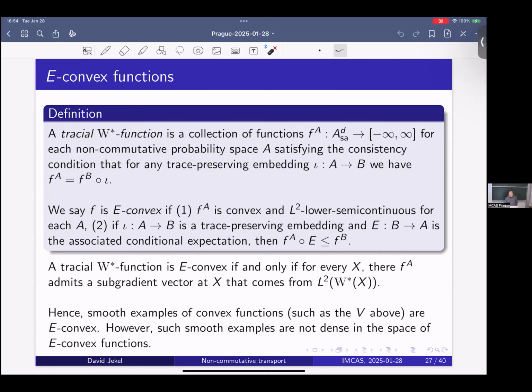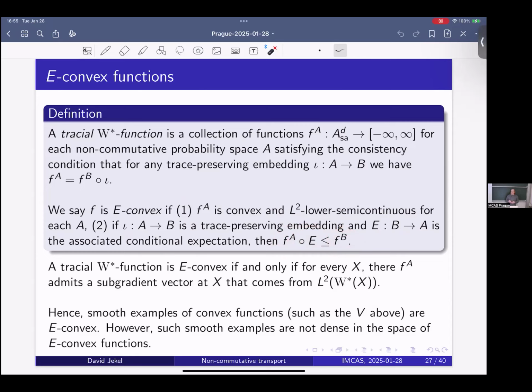And then we have this E-convexity condition. In addition to wanting each function itself to be convex and lower semi-continuous, you want the corresponding inequality: if you have an embedding, and you take the conditional expectation that goes in the reverse direction, there's a unique trace-preserving conditional expectation in the von Neumann setting, then the value of f on the conditional expectation of x is less than or equal to the value of f on x.